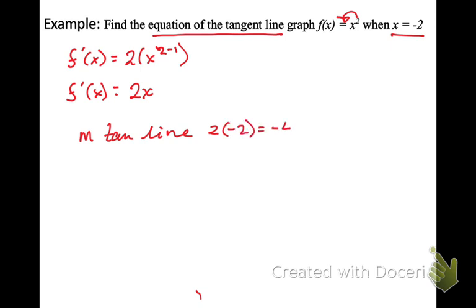Yes, it is negative 4. You forgot your negative. So 2 times negative 2. The derivative is 2x, and then the slope of the tangent line is what? Negative 4, or like Maddie said, 8.